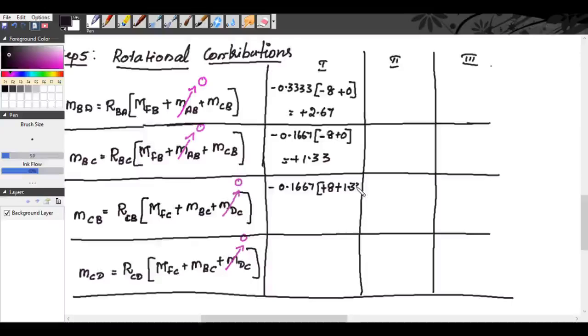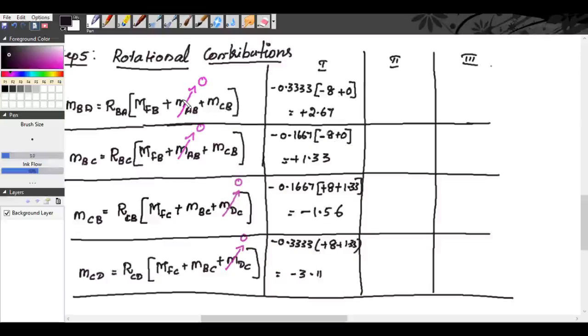So 1.33. We get minus 1.56. Similarly, MCD will be equal to RCD, which is minus 0.3333 into MFC is plus 8, MBC is plus 1.33. We get minus 3.11.